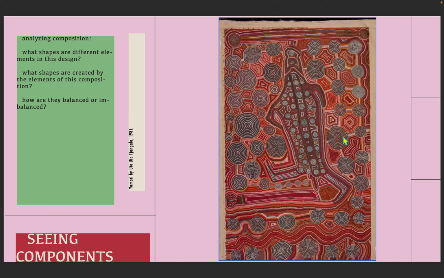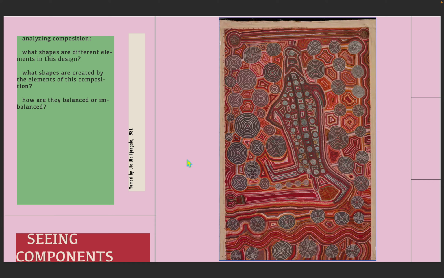We have circles, but not really a circle. There's something of a triangle right here, and that's about it. The rest of the composition is pretty wild and organic, and it's sort of expressing the spiritual nature of this vision that the Australian artist is presenting.